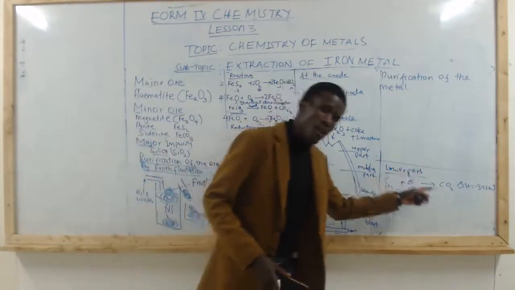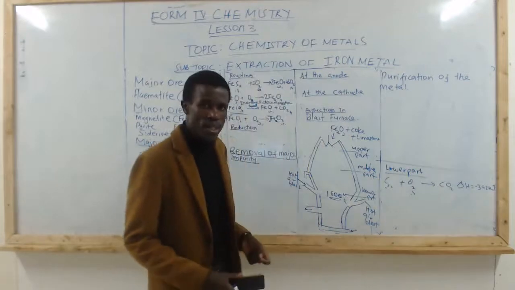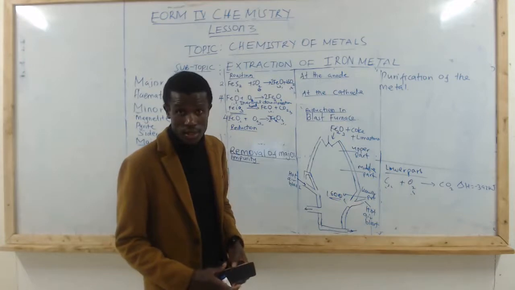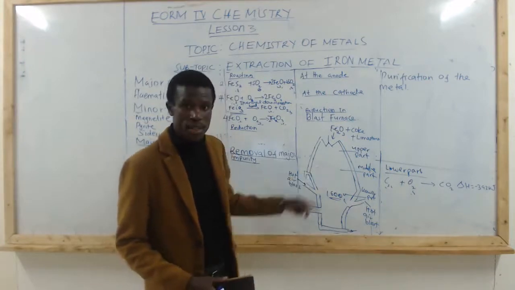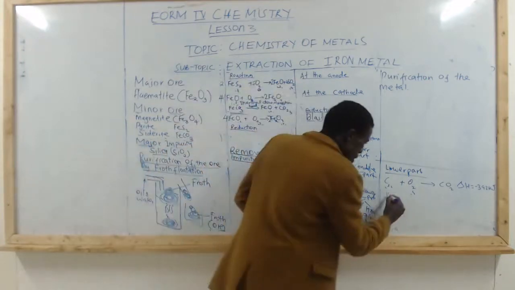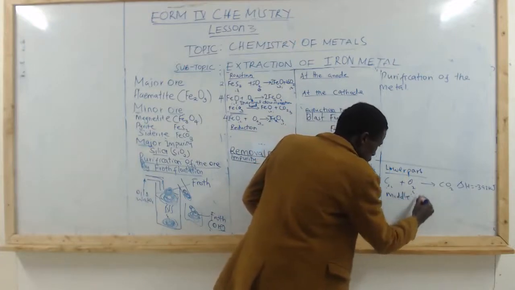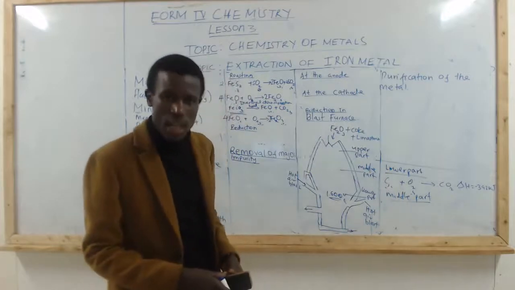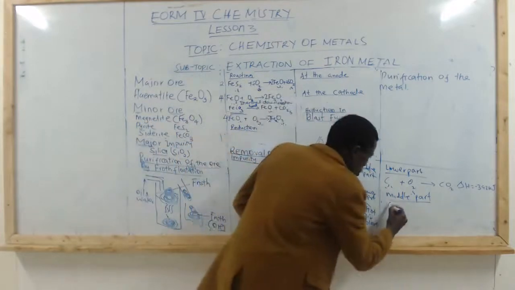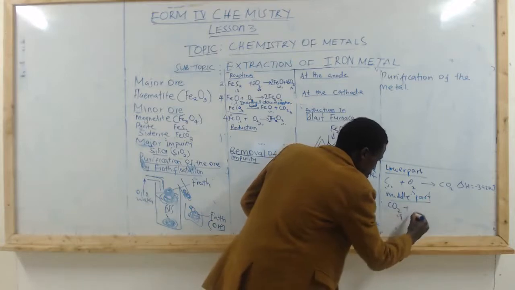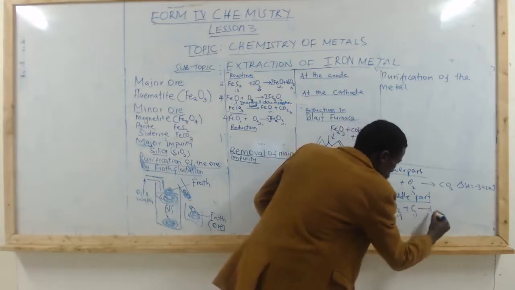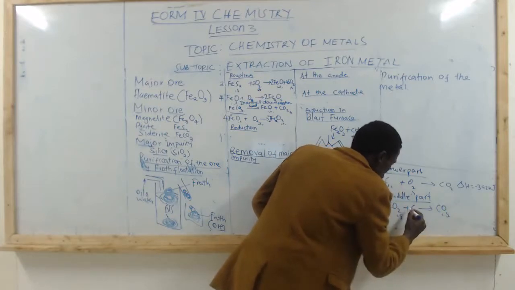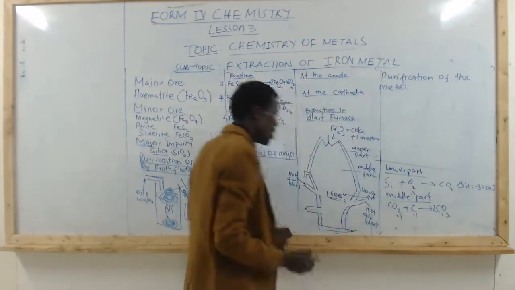Now, carbon 4 oxide, due to high temperatures, and since it exists in gaseous form, rises to the middle part. In the middle part, carbon 4 oxide gas is reduced by carbon or coke to form carbon 2 oxide, which will be used as a suitable reducing agent.